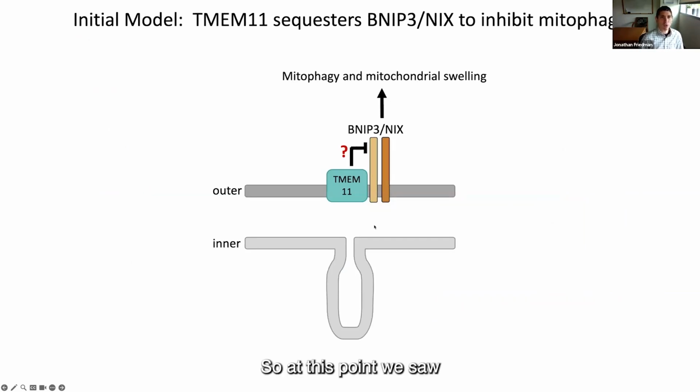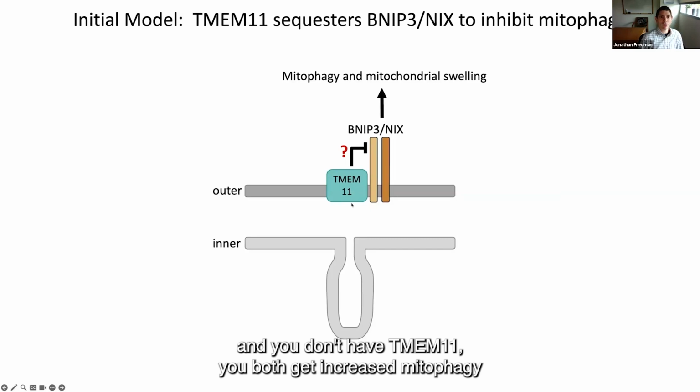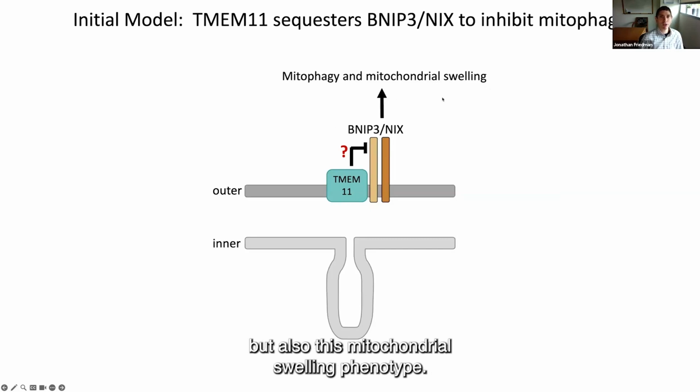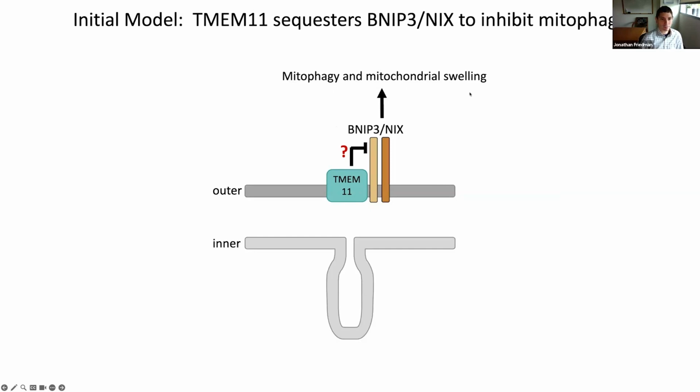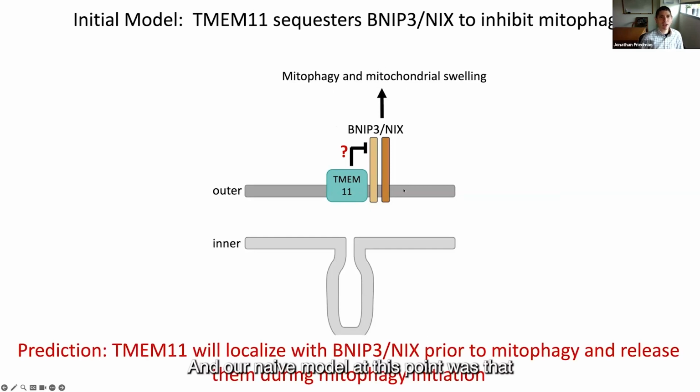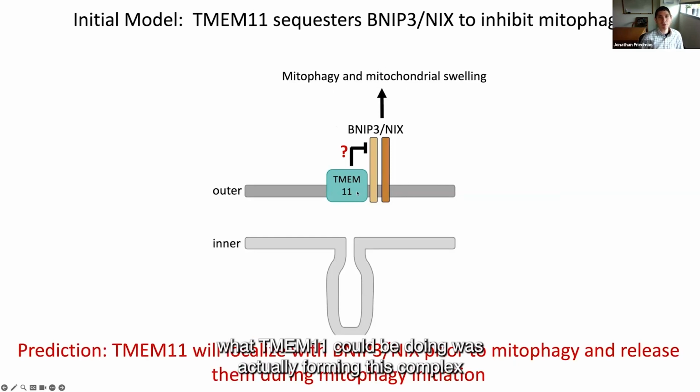So at this point, we saw that TMEM11 is in this complex with BNIP3 and NIX. And if you stimulate with cobalt chloride and you don't have TMEM11, you get increased mitophagy, but also this mitochondrial swelling phenotype. And our naive model at this point was that what TMEM11 could be doing was forming this complex to keep BNIP3 and NIX activity in check and preventing them from inducing the mitophagy pathway.